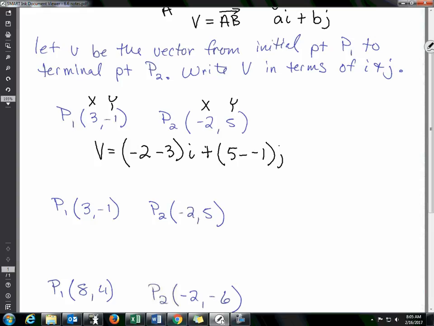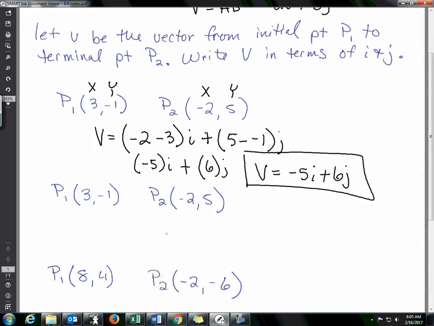You always start with your terminal point minus your initial point. So negative 2 minus 3, and then you take your y's, 5 minus a negative 1, and then you just do the simple little math. Negative 2 minus 3 is negative 5, and then 5 minus a negative 1 is 6. So my answer, V equals negative 5i plus 6j. And that would be your answer.